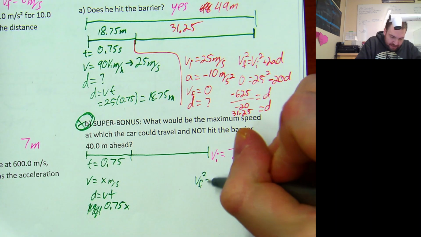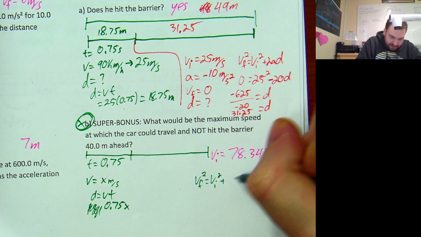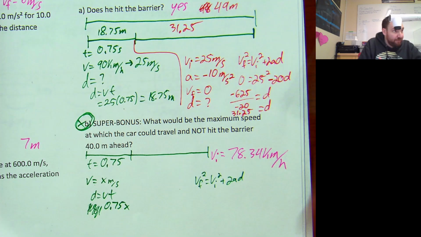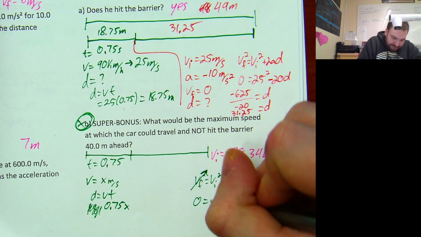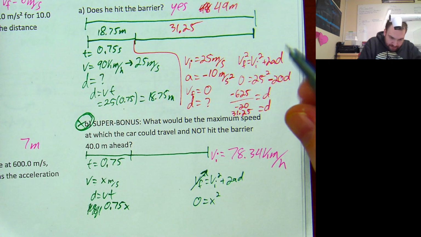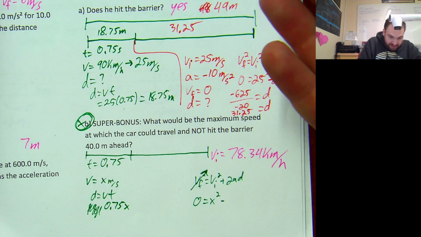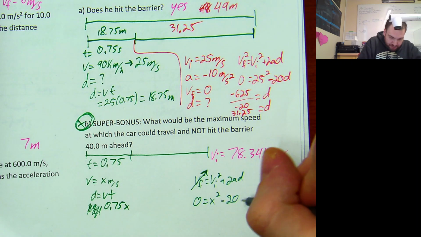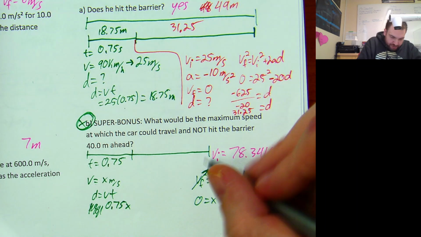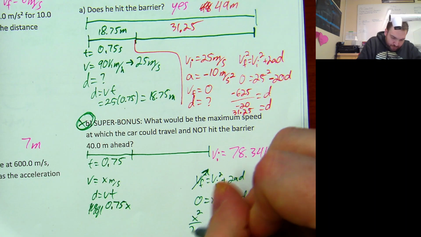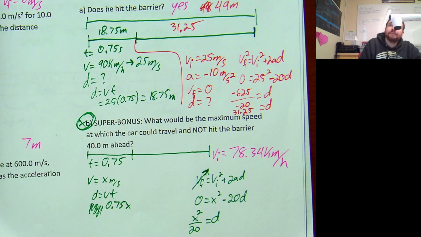Vf squared equals Vi squared plus 2ad. I'm just going to solve it for d. Vf is 0, so this is going to be 0 equals x squared, the acceleration is the same, minus 20d. So then this is going to become x squared over 20 equals d.